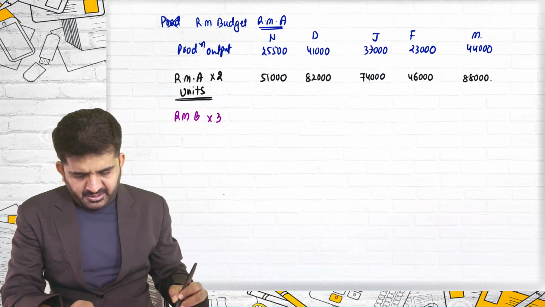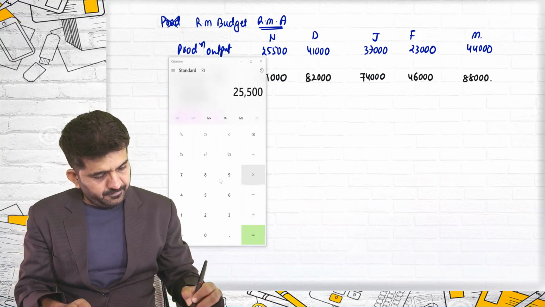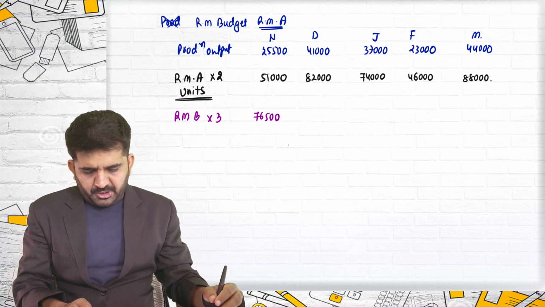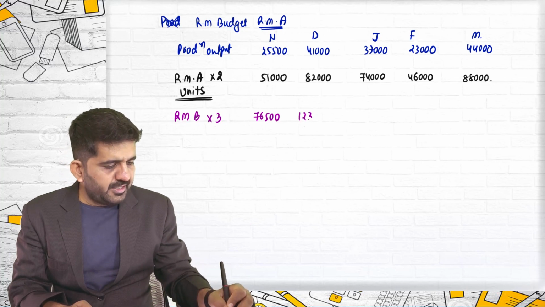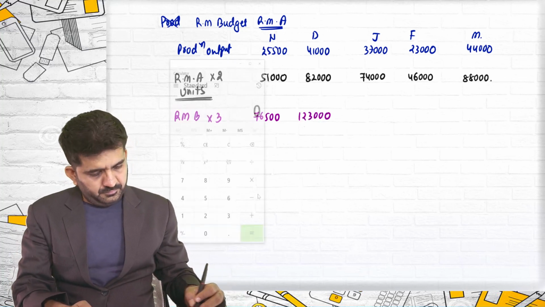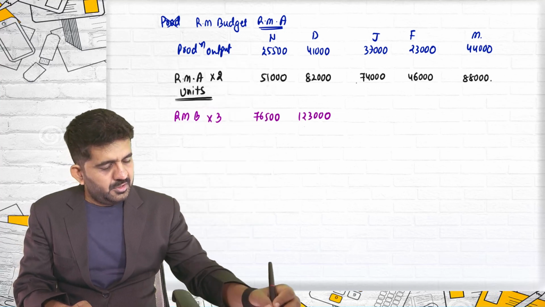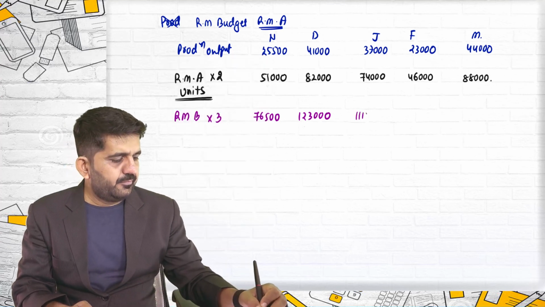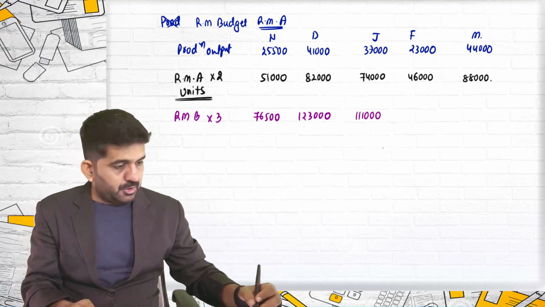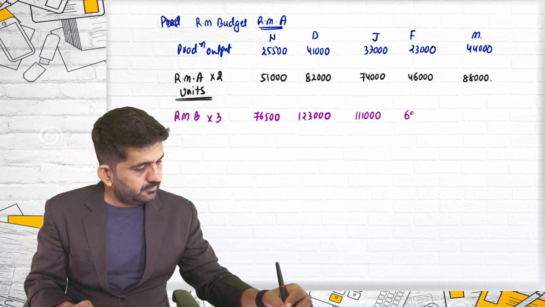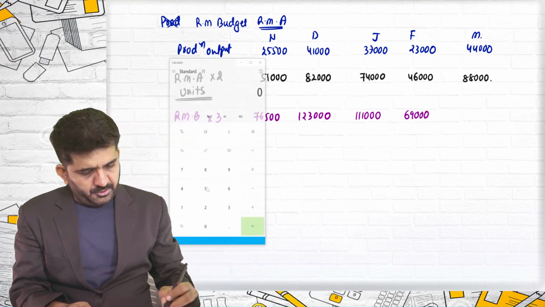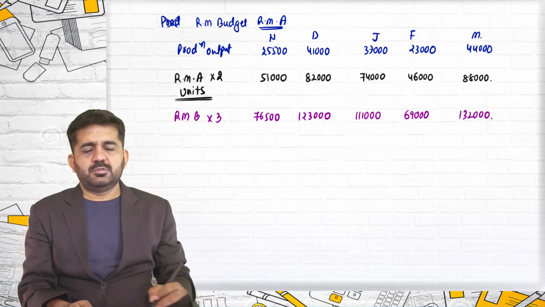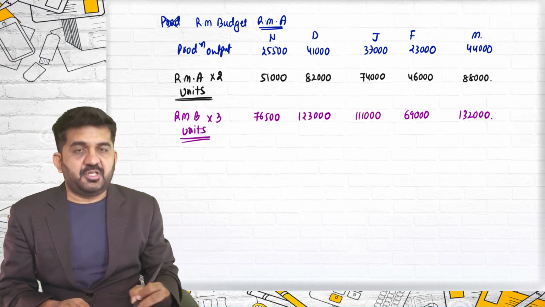So it will be multiplied by 3. 25,500 into 3 is 76,500. 41,000 into 3 is 1,23,000. 37,000 into 3 is 1,11,000. 23,000 into 3 is 69,000. 44,000 into 3 is 1,30,000. This many units of raw material B will be required.